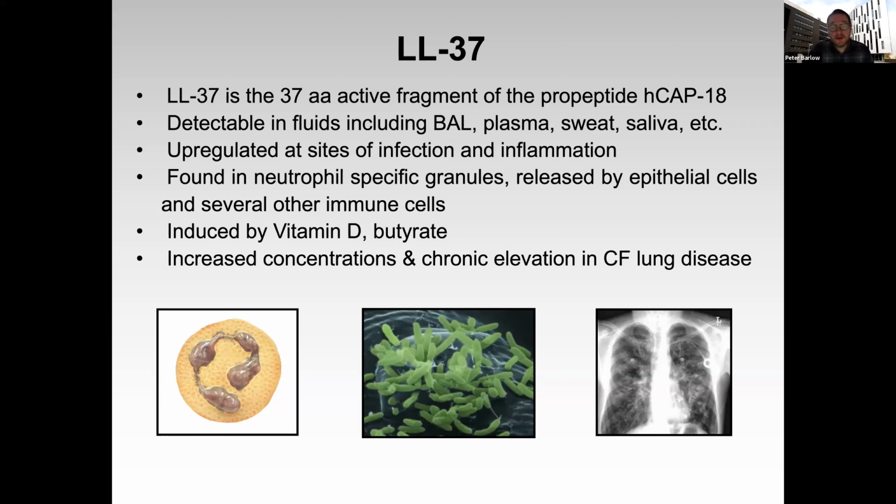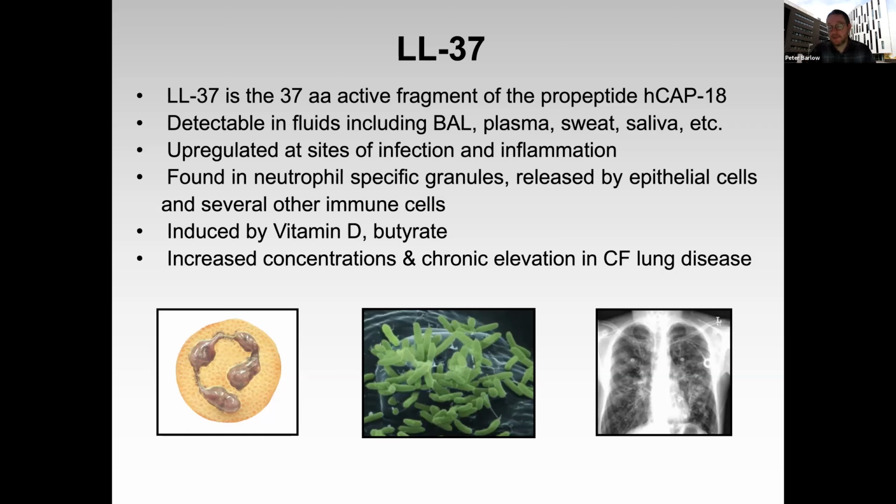It can also be released by lots of different cell types in the body, and these include epithelial cells, mast cells, and macrophages. So it's not just the neutrophils that produce them. If you want to force cells to produce LL-37, you can treat them with compounds such as vitamin D or butyrate, which is a short chain fatty acid, and that induces the cells to produce lots of LL-37.